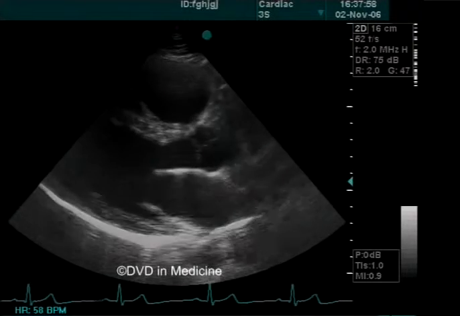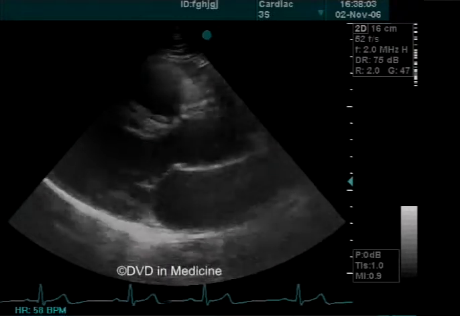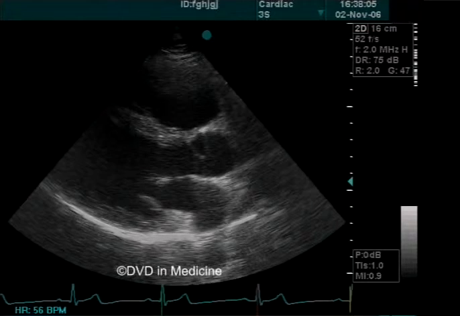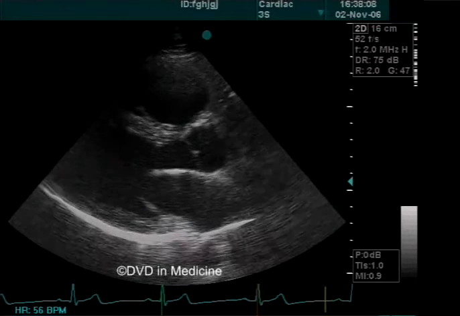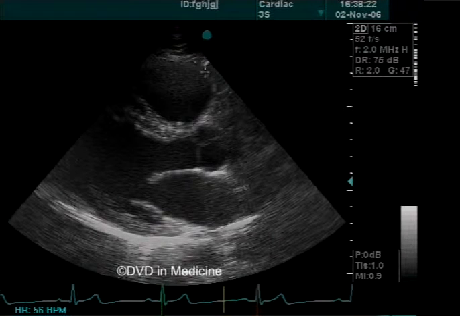In the upper part of the screen, one will see the heart's structures that are situated more closely to the surface of the transducer. When one looks farther down the screen, one will see the image of the anterior right ventricular wall, more deeply, the interventricular septum, under the interventricular septum, the left ventricular cavity, where one can see the papillary muscles, chordae, and mitral valve leaflets.